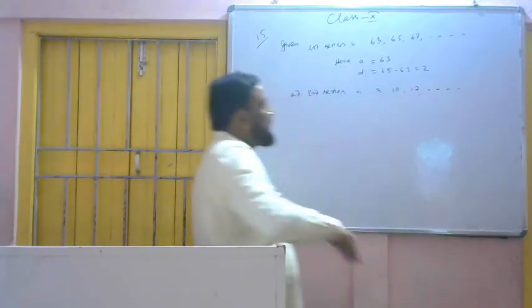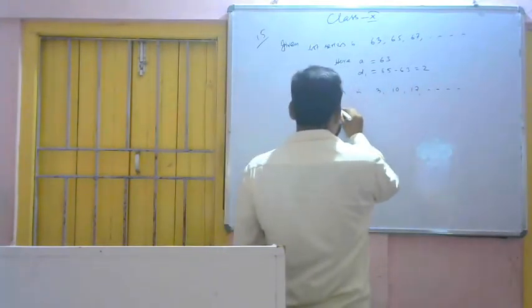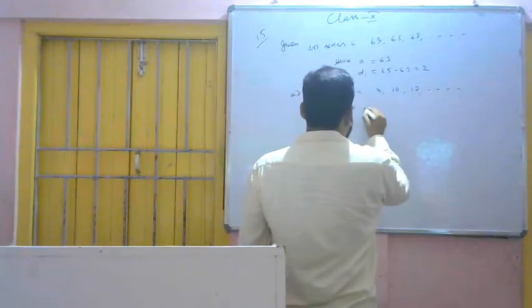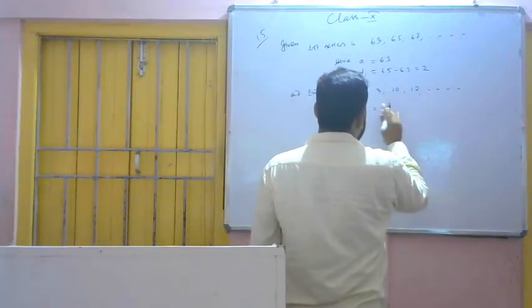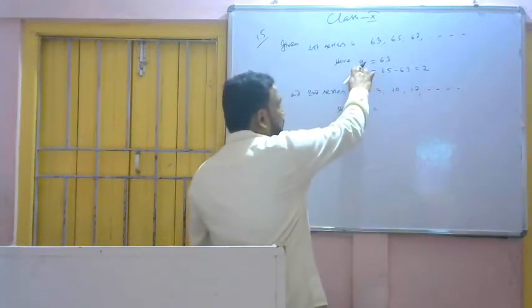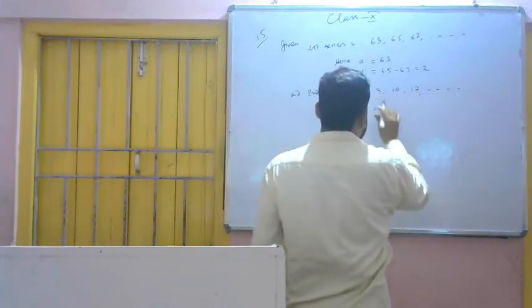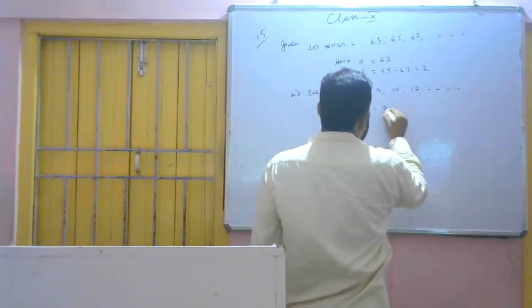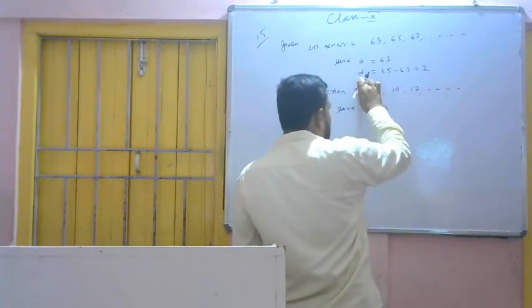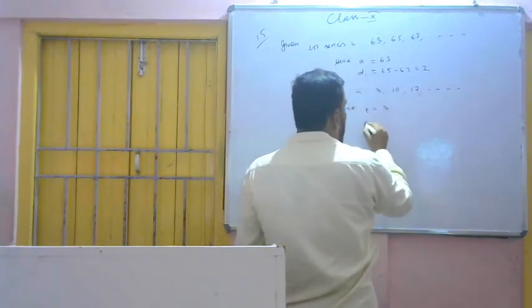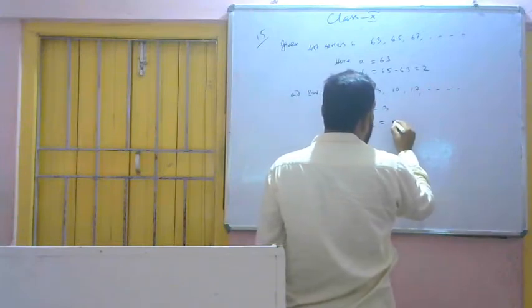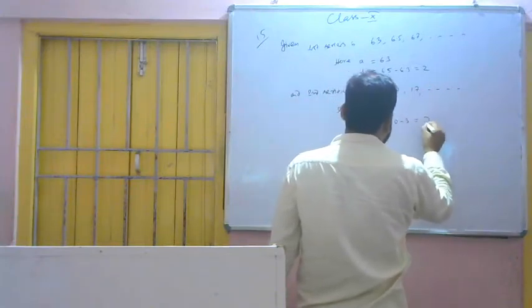Here t is equal to 3, because we have earlier denoted the first term as a, now the first term we denote as t, and earlier common difference d1, now common difference is d2, equal to 10 minus 3 is equal to 7.